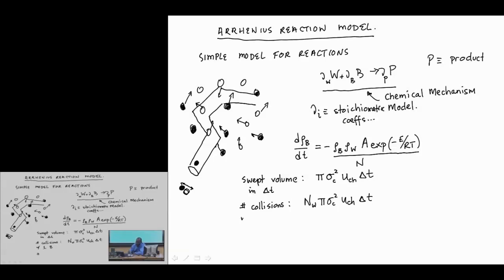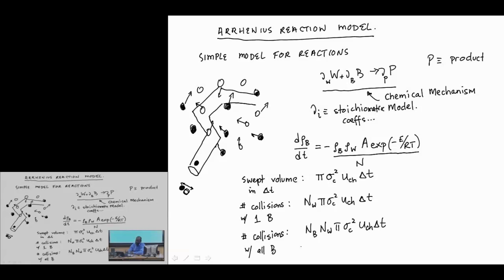So this is very much hand waving because it's more complicated, but with all type B, you would imagine then it would be N_B N_W pi sigma c squared U_CH delta T. So approximately the number of collisions with all B has a rate where this U_CH looks like T to the 1/2.